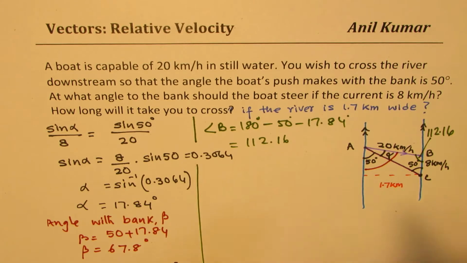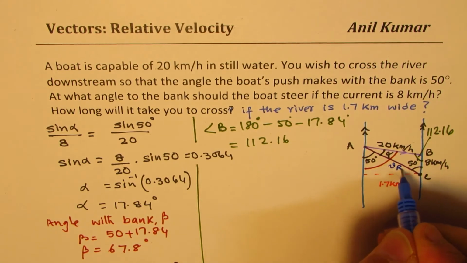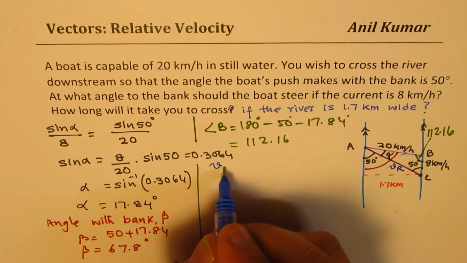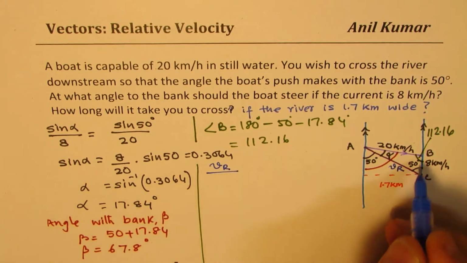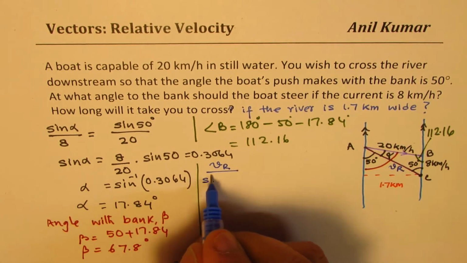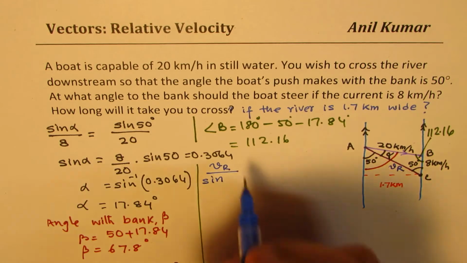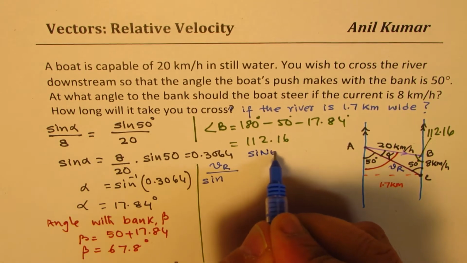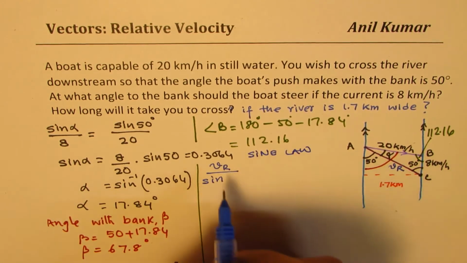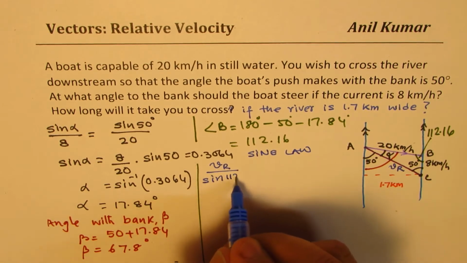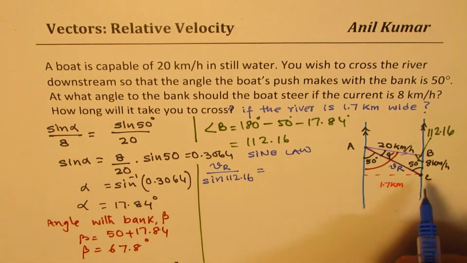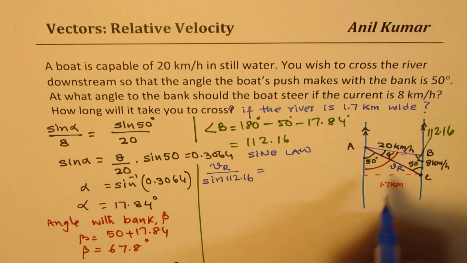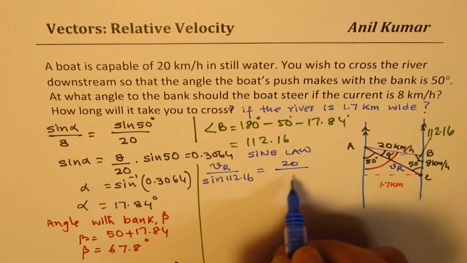Okay. Now, knowing this angle, we can find the resultant velocity. Let's call this VR. So the resultant velocity VR over sine of the angle, so we are again applying the sine law, right? So sine of angle 112.16 should be equal to what is known to us, which is 20 over sine of 50.